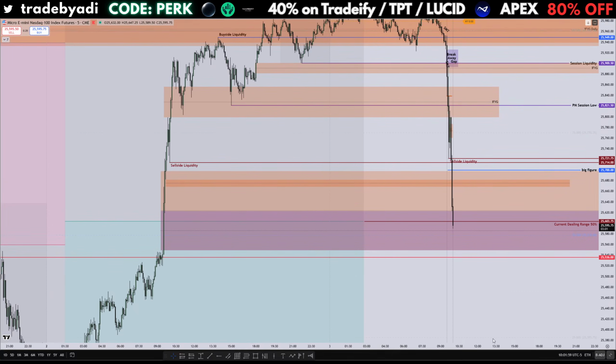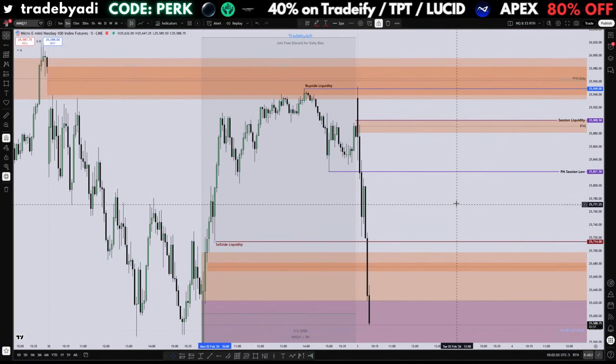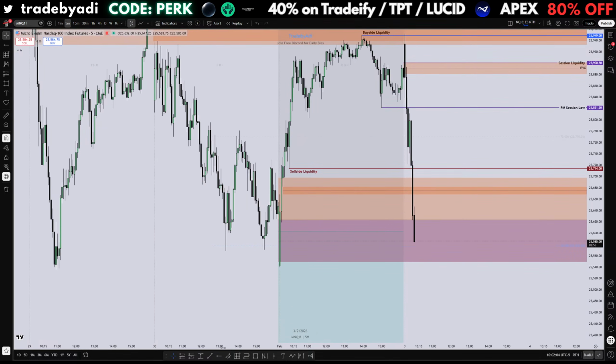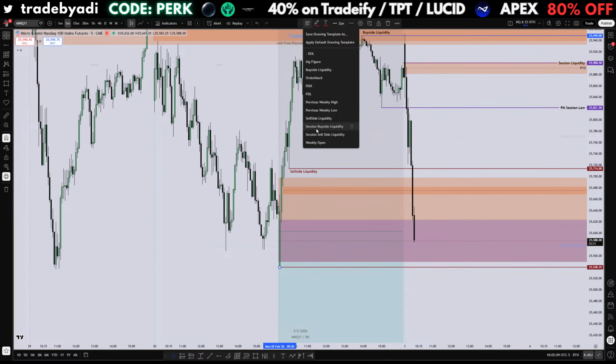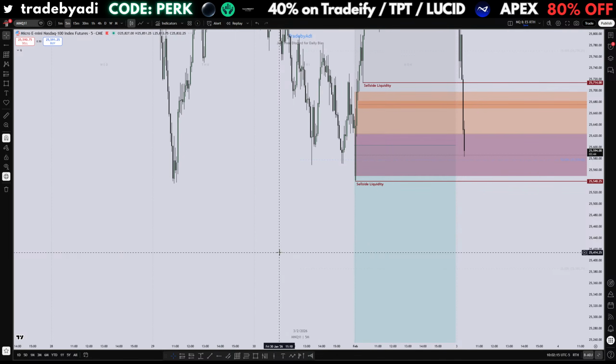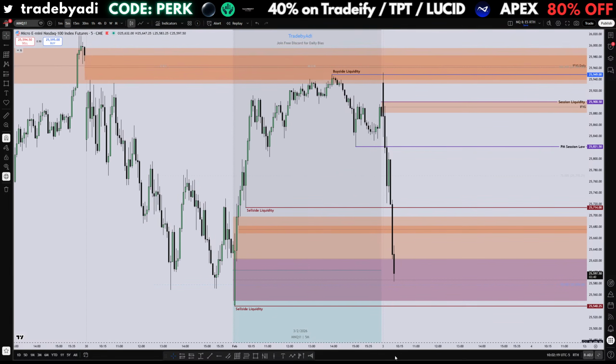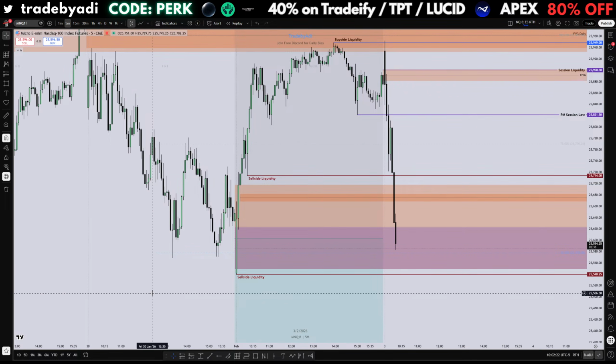Because we are really heavy right now, let me mark the PM session low also, because we are near this low, and I would like to mark the 3 days look back, this sell side liquidity. This is the Friday. We are on a Tuesday, Monday, Friday.